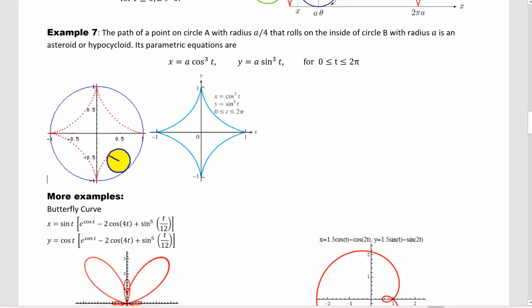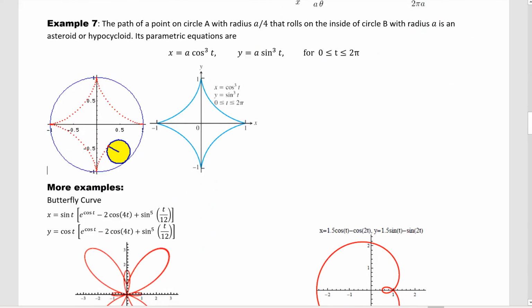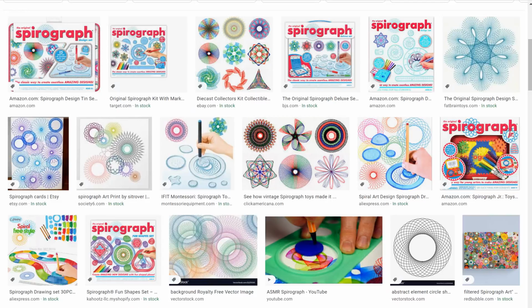Example 7: the path of a point on the circle A with radius a over 4 that rolls on the inside of a circle B with radius a is an asteroid or hypocycloid. Its parametric equations are these.